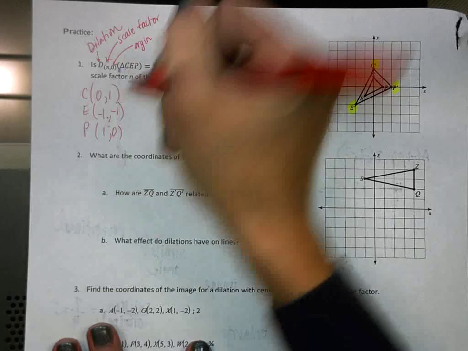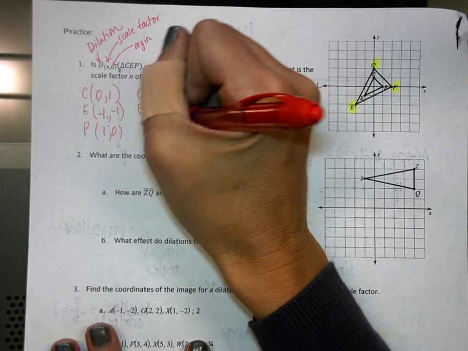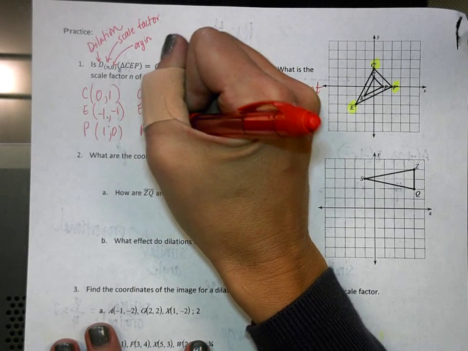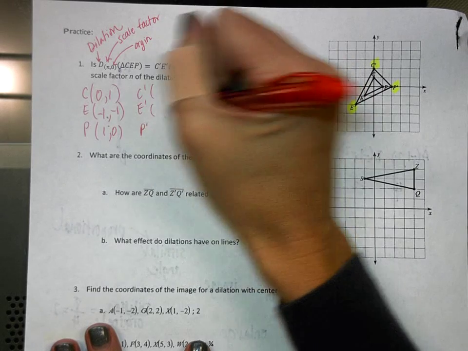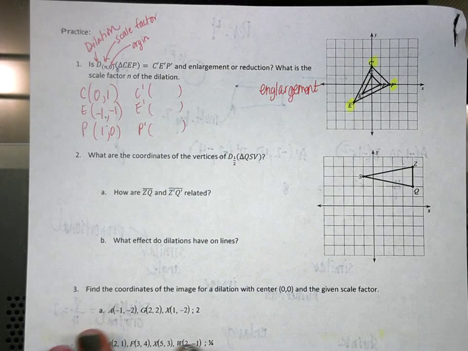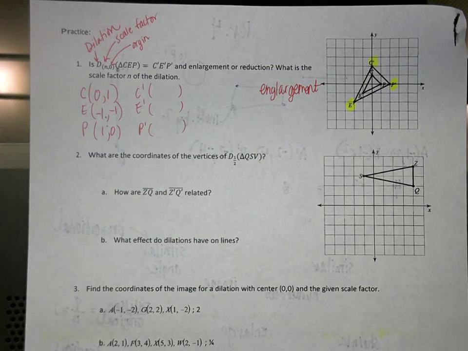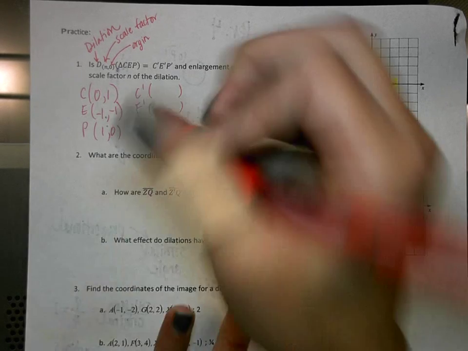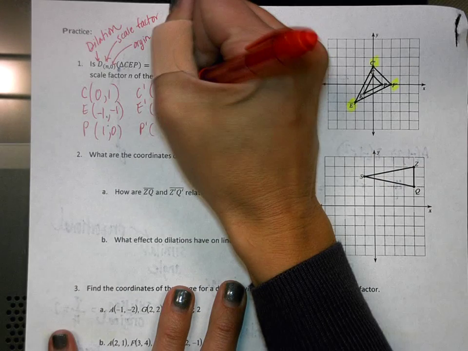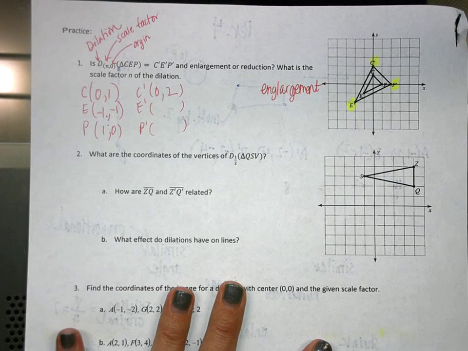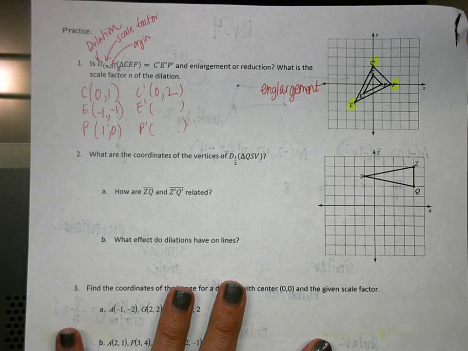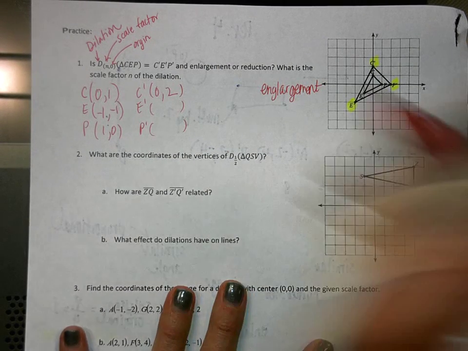Okay, and then let's go ahead and write down each of these primes points and see if we can tell what they multiplied by or divided by in order to get the new figure. So the new figure, where's my C value? So automatically right there, what do you think they multiplied by? 2. Okay, I think so too, but let's just double check with everything else.